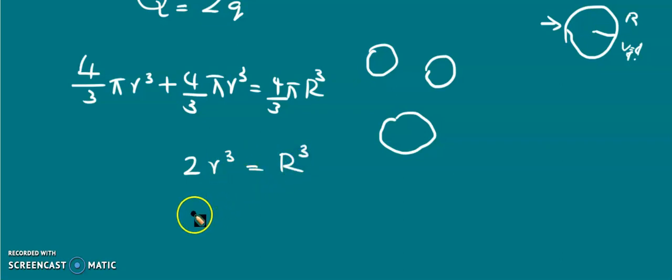Taking cube roots on both sides, capital R is equal to 2 raised to 1 by 3 into r. So the radius of the drop is 2 to the power 1 by 3 times r.